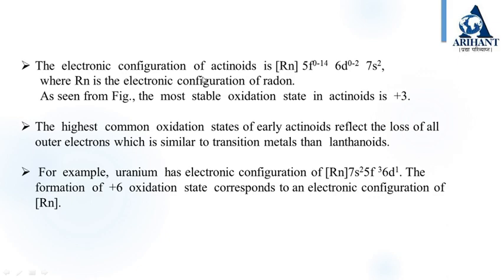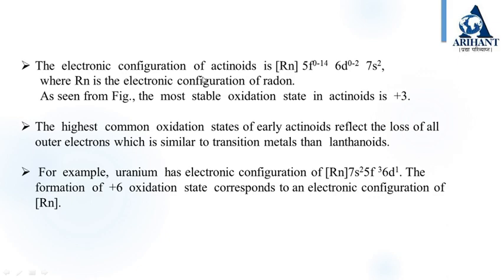The electronic configuration of actinoids is Rn 5f 0 to 14, 6d 0 to 2, 7s2, where Rn indicates the electronic configuration of radon. As seen from the figure, the most stable oxidation state in actinoids is +3.